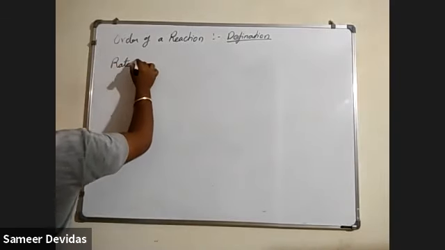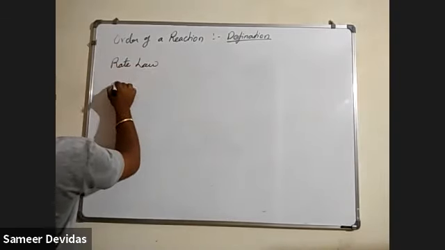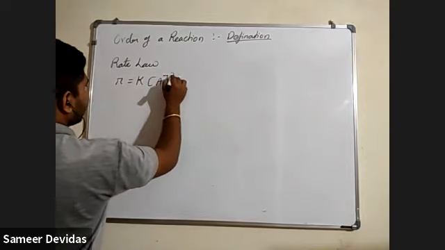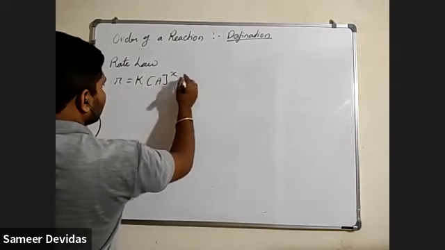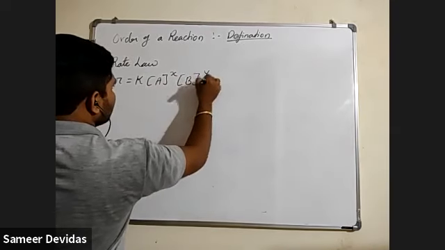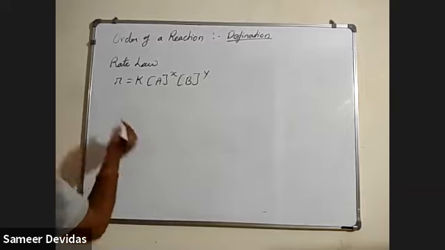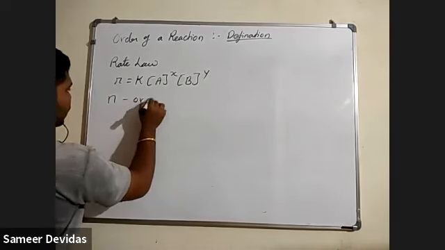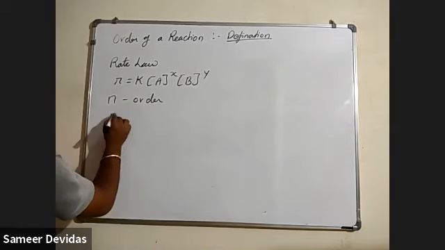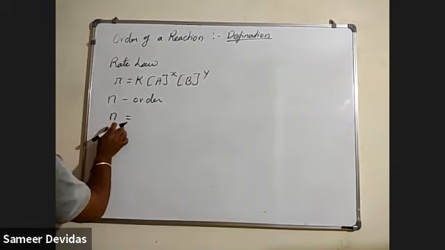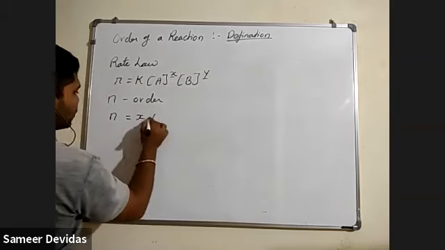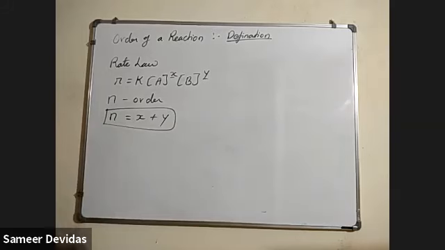We get the order of a reaction from the rate law, because rate law says that R is equal to K [A] raised to x into [B] raised to y. So what is order? Order is nothing but n. So how are we writing the order? We write n from the rate law. So what is that? x plus y. So this is your order of a reaction.